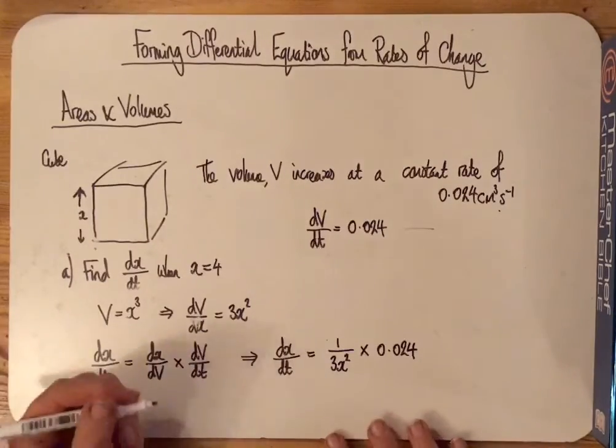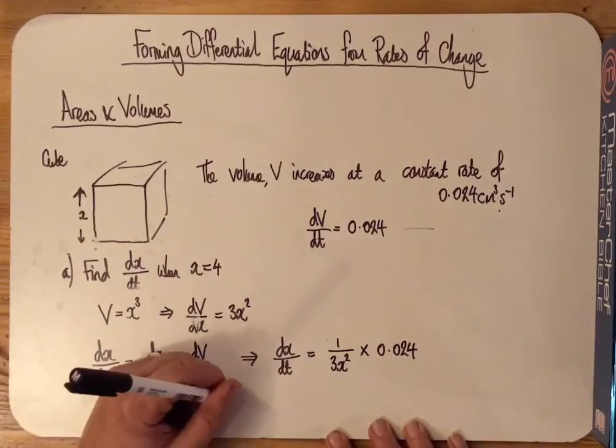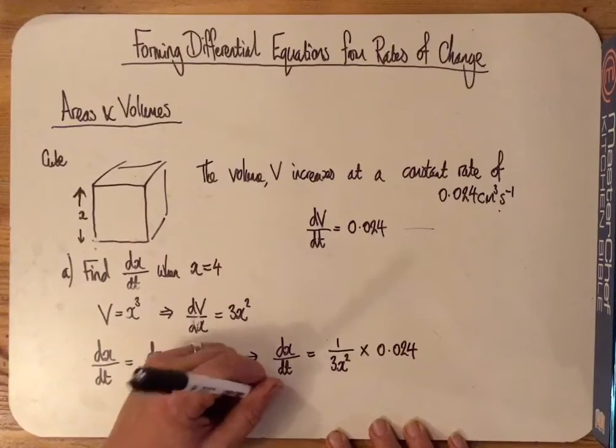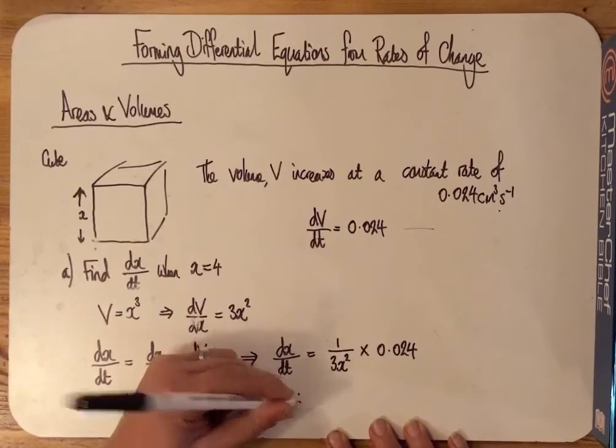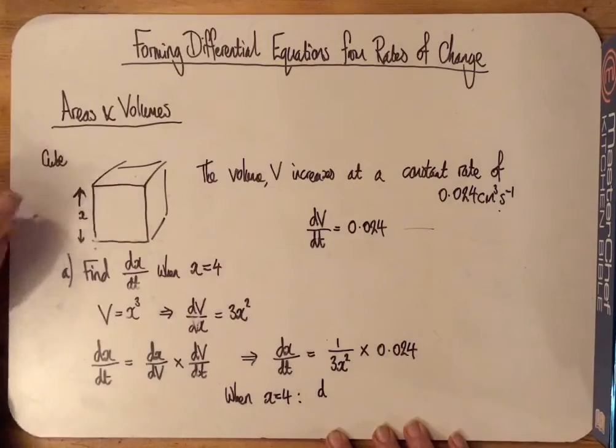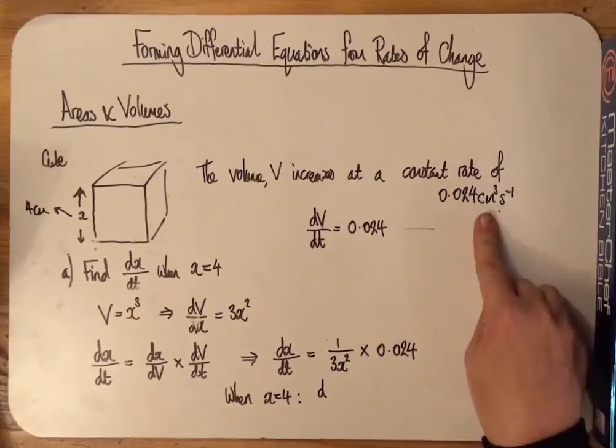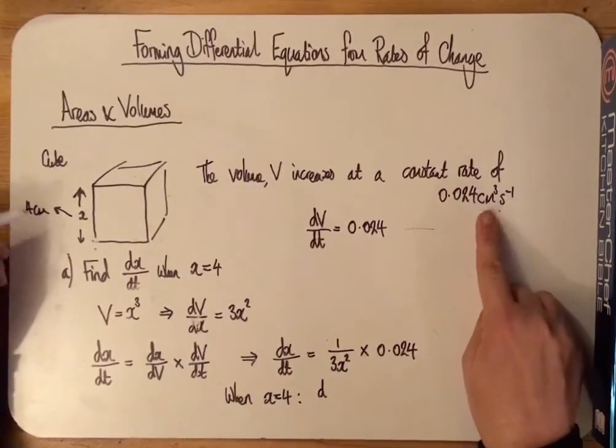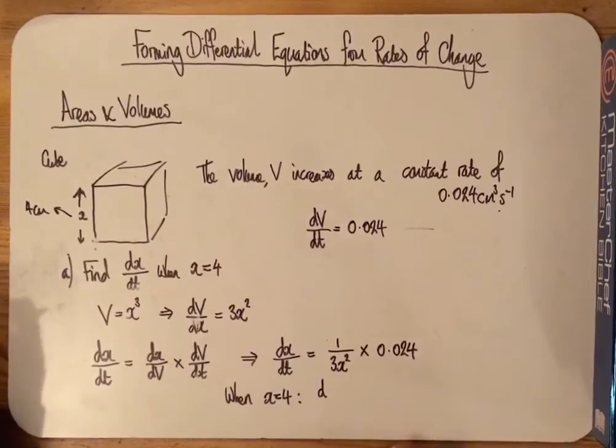When x is equal to 4, that's assuming we're working in centimetres, because this is in centimetres. So just watch your units in this sort of situation a little bit.